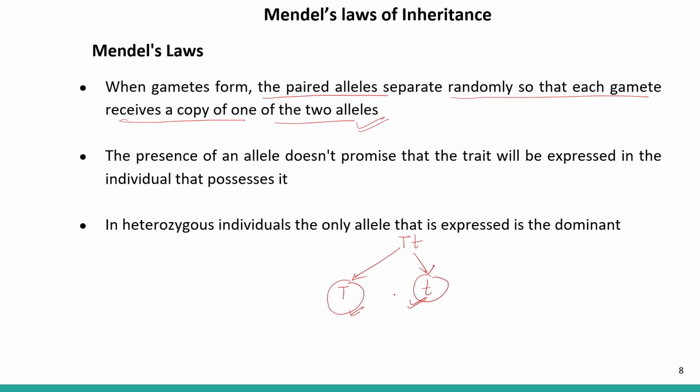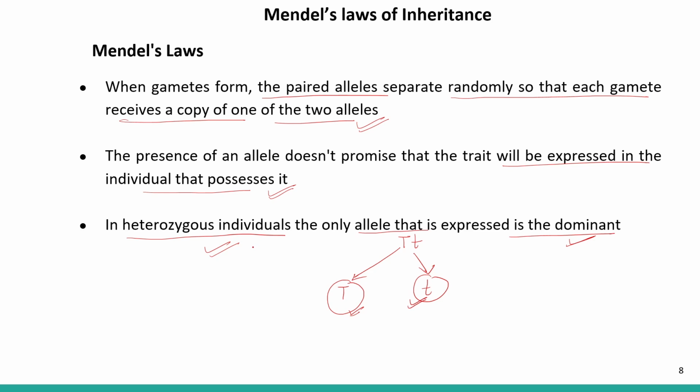So we can have two types of gametes. The presence of an allele doesn't promise that the trait will be expressed in the individual that possesses it. In a heterozygous individual, the only allele that is expressed is the dominant. So we will see in some of the crosses how in the heterozygous individual only one allele expresses itself normally.